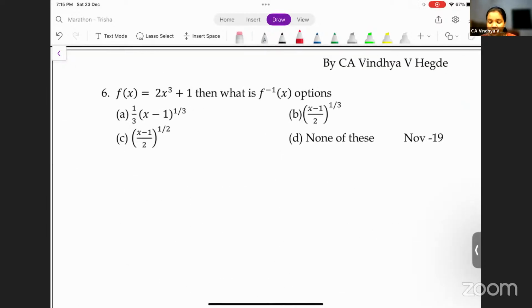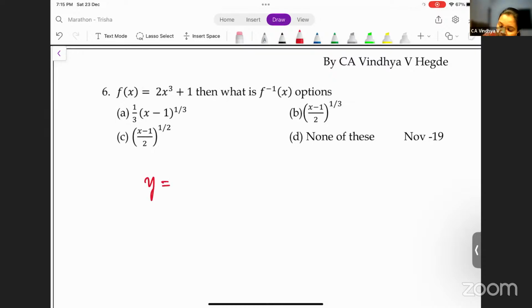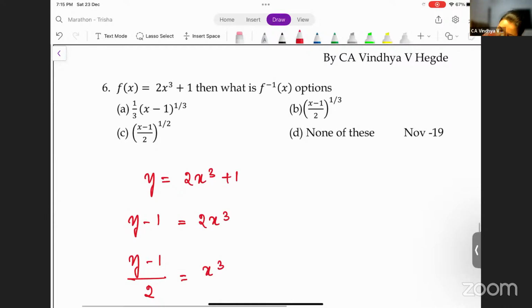Okay, next one. f of x is given, you have to find the value of f inverse of x. So we'll consider this as y is equal to 2x cube plus 1. Y minus 1 is equal to 2x cube. So you get (y minus 1) divided by 2 is equal to x cube.